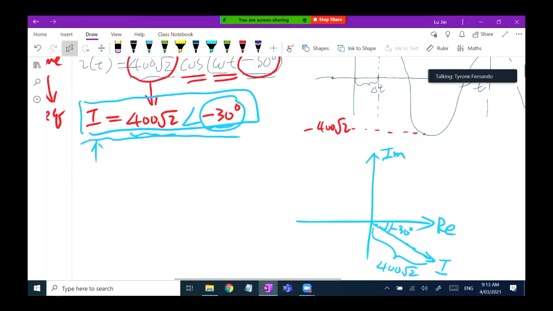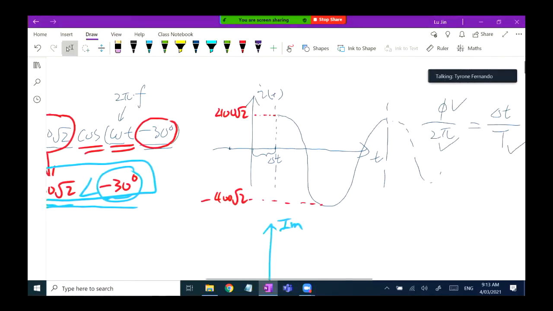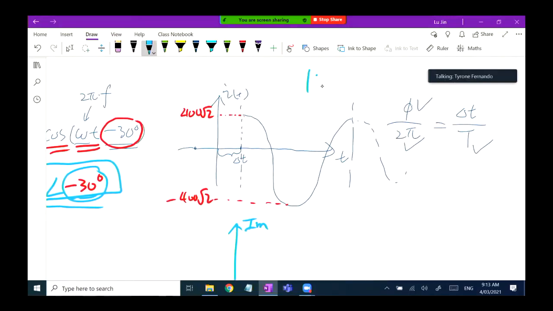You may go back to our cosine function here. Have a look at this sketch. I have mentioned that 400 times square root of 2 in the cosine function is the maximum current that this AC current can reach. But actually, we are not able to keep this 400 times square root of 2 all the time for this cosine current.